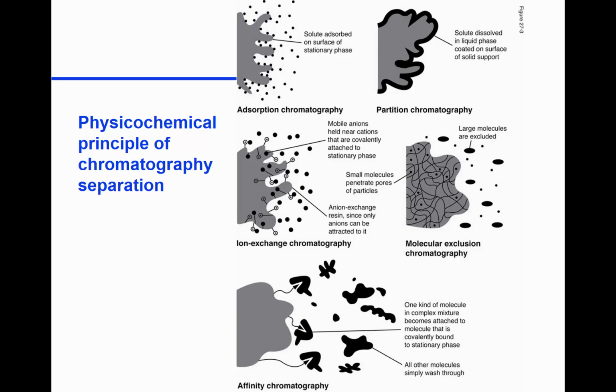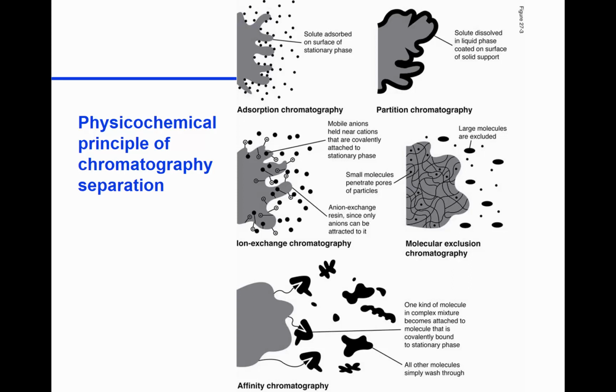The molecule is going to interact with the stationary phase, and then if the mobile phase carries a negative charge, you're going to go back and forth between the stationary phase and the mobile phase as a positively charged molecule. So that's why it's called exchange. The molecule or the ion is being exchanged, and that term confuses students a lot when we talk about cation exchange versus anion exchange. So keep that thought in mind. It's an exchange between the stationary phase that carries a charge and the mobile phase that also carries a charge.